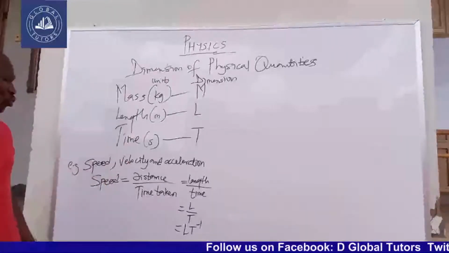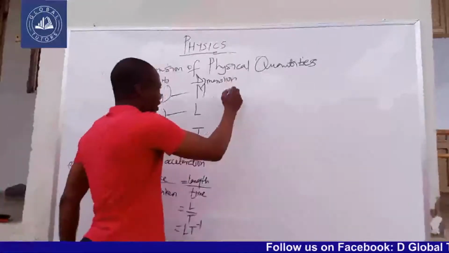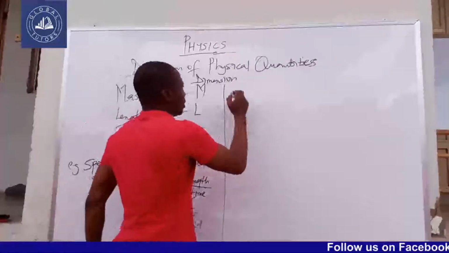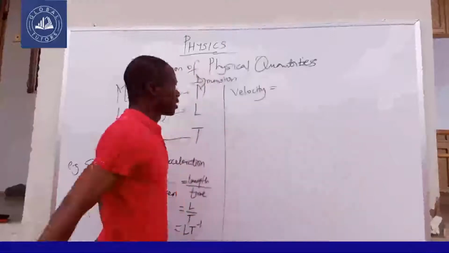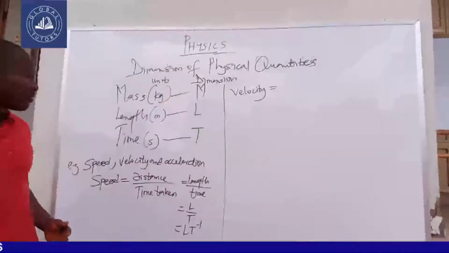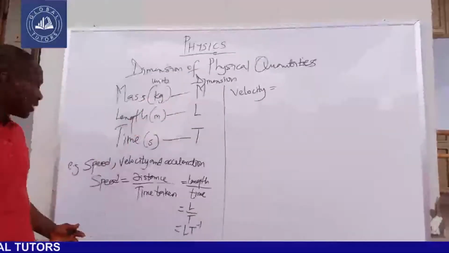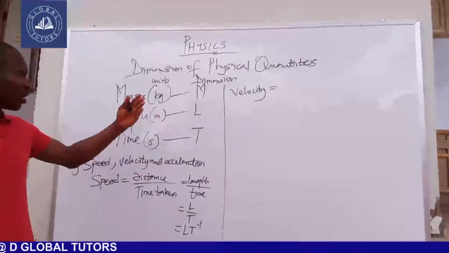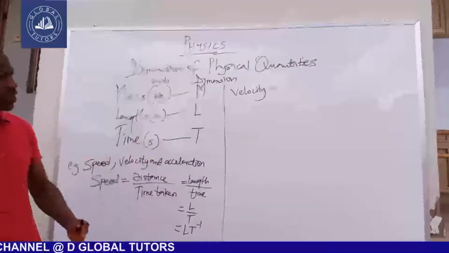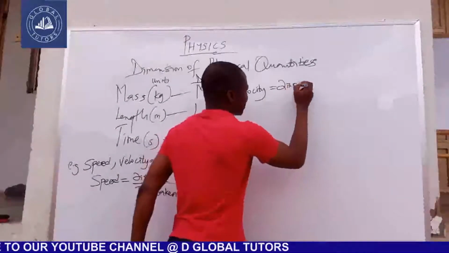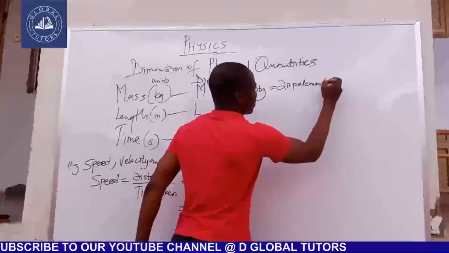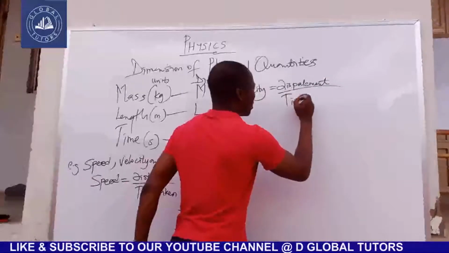Let's take the second one, velocity. Before we can derive the dimension of velocity, we must be able to define it and get our formula. Velocity is defined as rate of change of displacement with time. Displacement all over time taken.